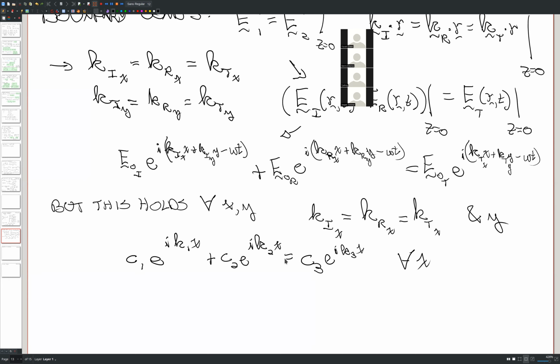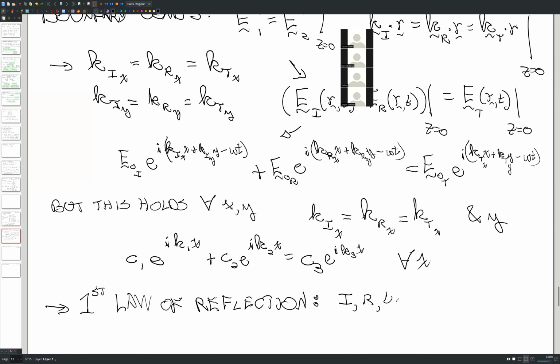So you see what that tells us is the so-called first law of reflection. The incident, reflected, and transmitted waves are in one plane.